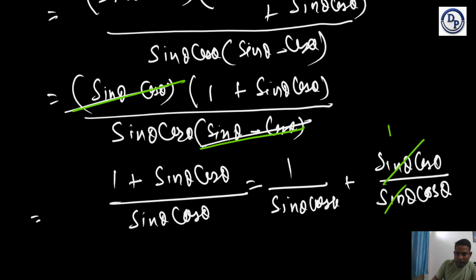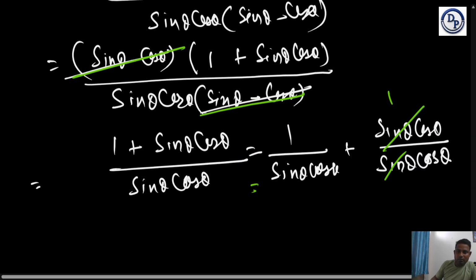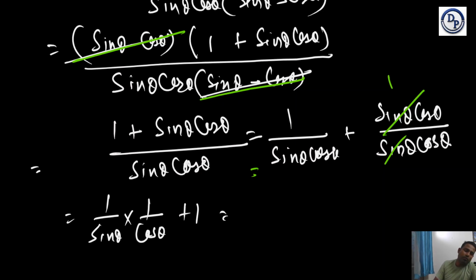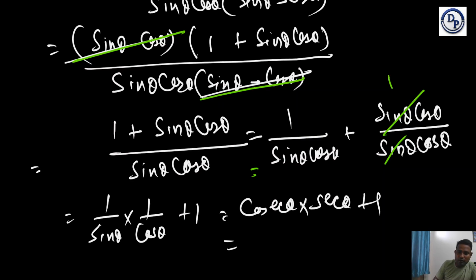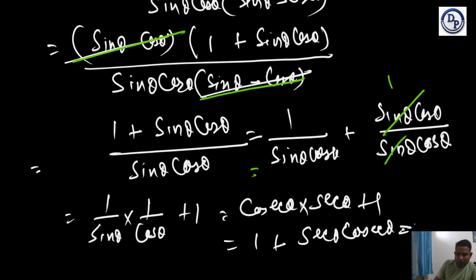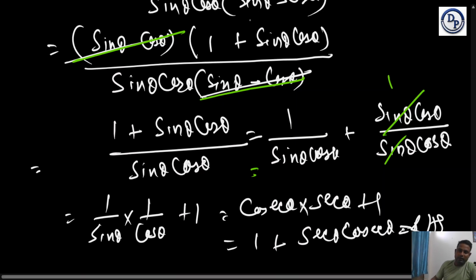We can cancel this and get 1, and here 1 by sin theta can be written as 1 by sin theta into 1 by cos theta, and this is 1. We know the reciprocal of sin theta is cosec theta, so we write cosec theta, and we know the reciprocal of cos theta is sec theta, so we can write sec theta plus 1. So at last we get 1 plus sec theta into cosec theta. This is what the RHS is. So I think we have proved this.